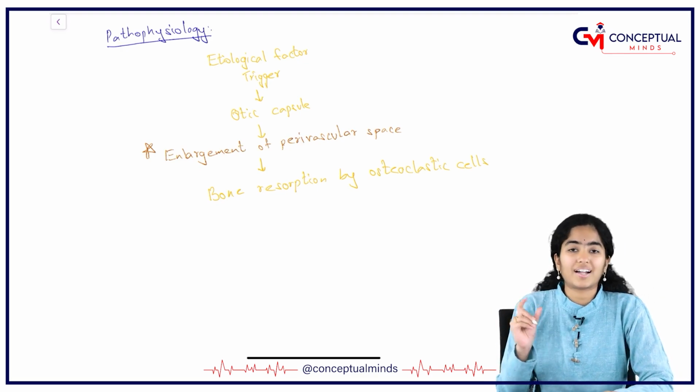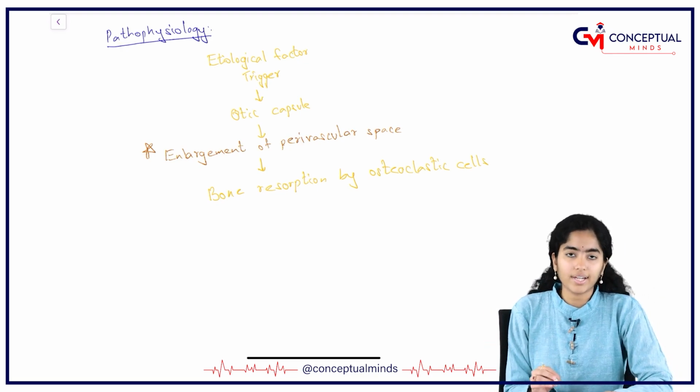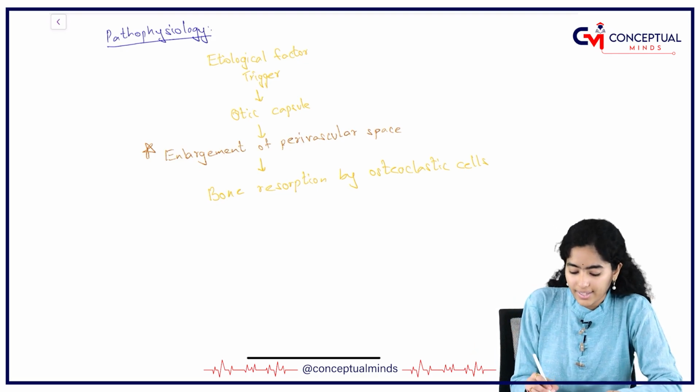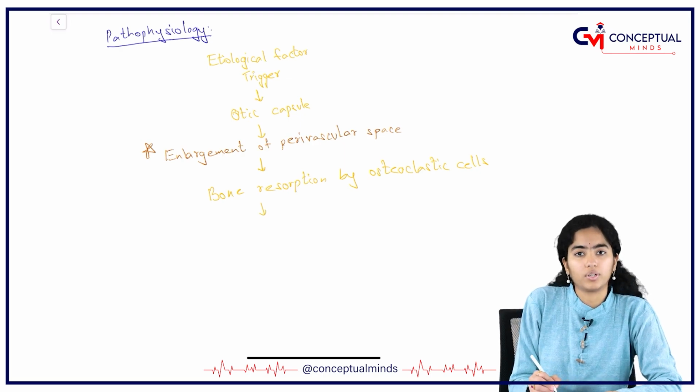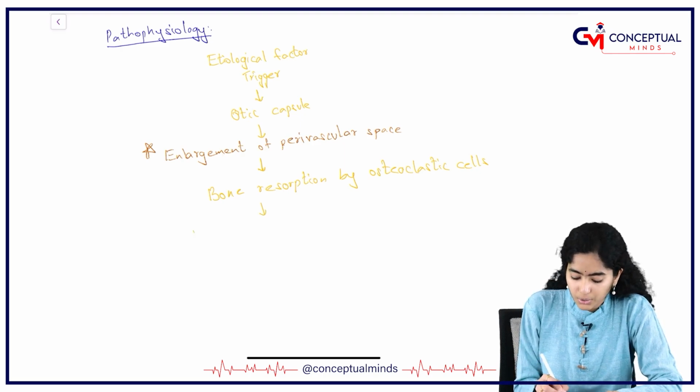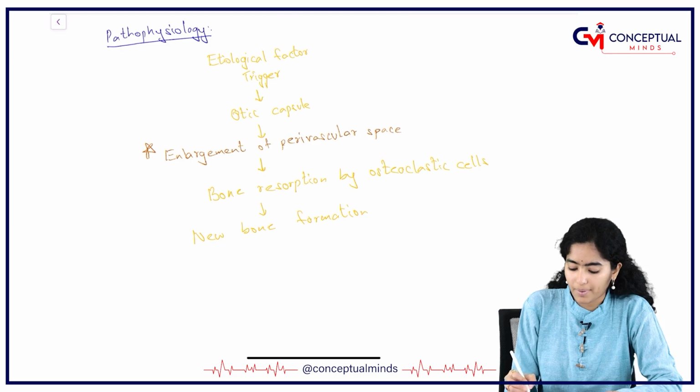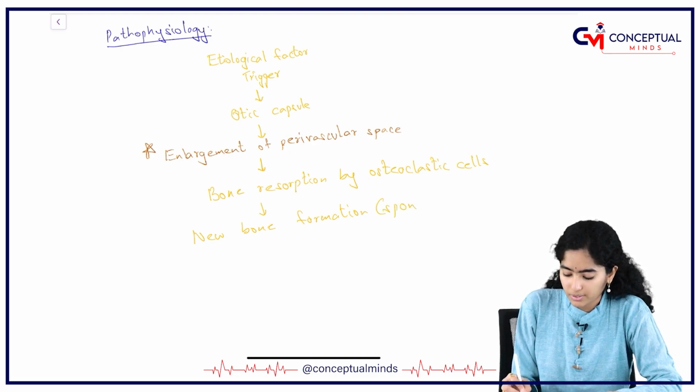And then those cartilaginous islands were present, right? The unossified cartilaginous rests or islands will form new bone. New bone formation occurs, and this new bone is not dense and compact, but spongy.